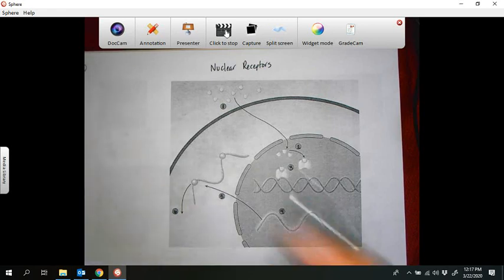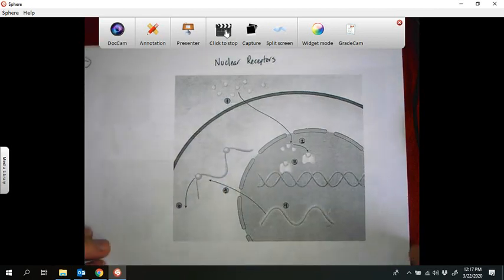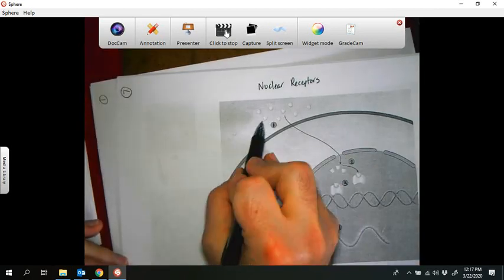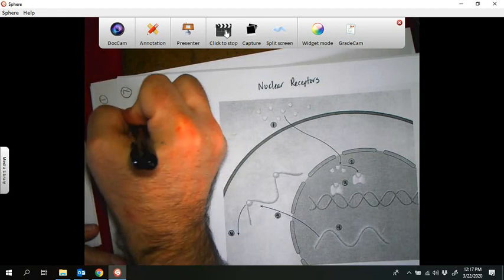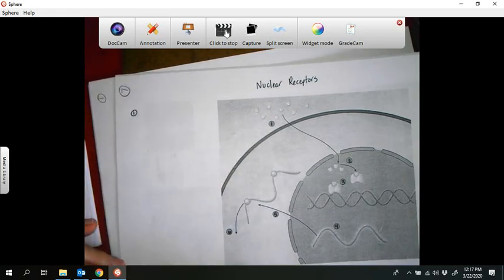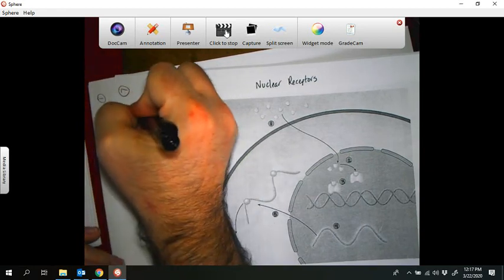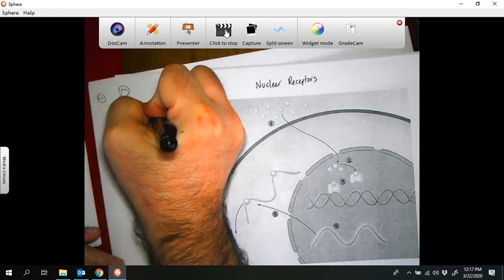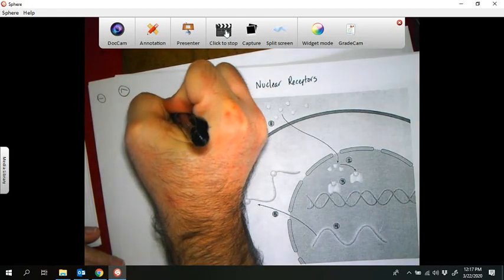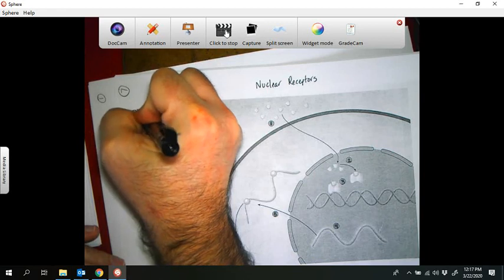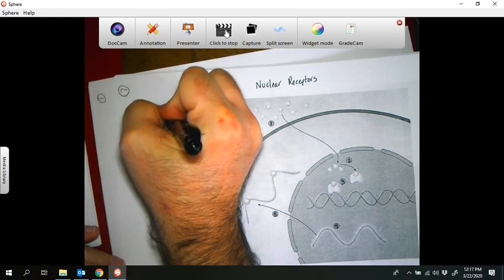And here in step 1, those little things that look like kernels of corn, those are actually the hormones. So the hormones diffuse through the plasma membrane.